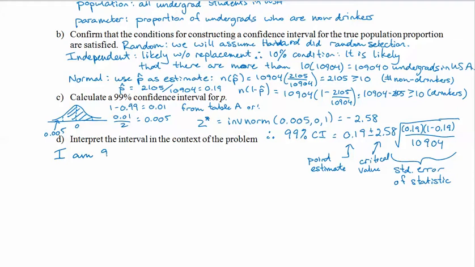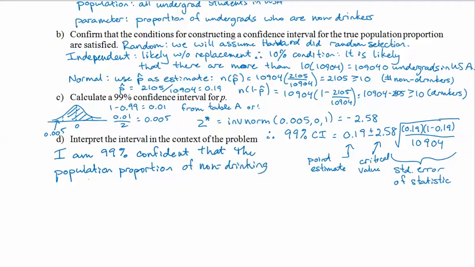I am 99% confident that the population proportion of non-drinking undergraduates is between, and you can do the calculations for this, 0.1802 and 0.1998.